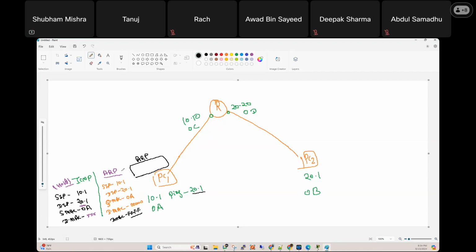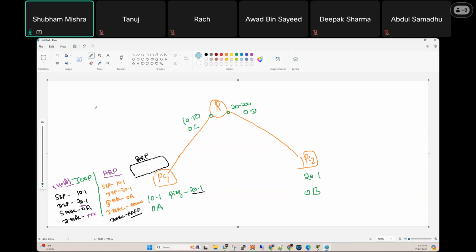Okay. Guys, one more thing. Before this, I will clear one more thing for you. The destination will be default. Default means? Tell me the address. Default gateway, you are telling. Okay, everyone try to understand.